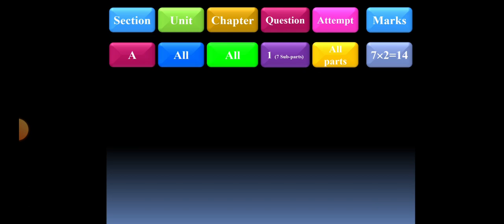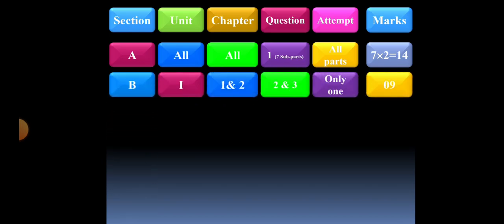Each question is of 2 marks. So this question number 1 is of 14 marks. Then section B is asked from first unit, which contains 2 chapter number 1 and 2, and question number is 2 and 3. Out of 2 and 3, we have to attempt only 1 question, which is of 9 marks.